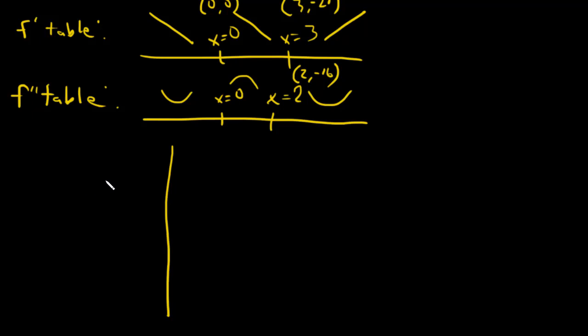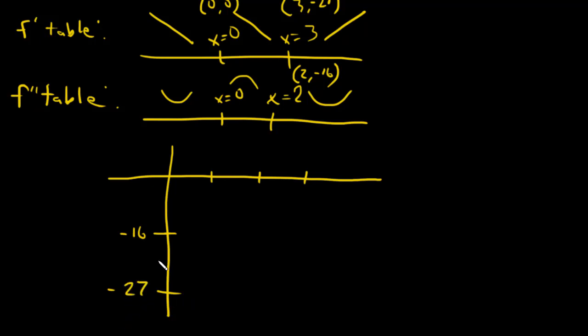So something that looks like this maybe. Alrighty? I'm going to go 1, 2, 3, and I'll do negative 16 here and negative 27 here.